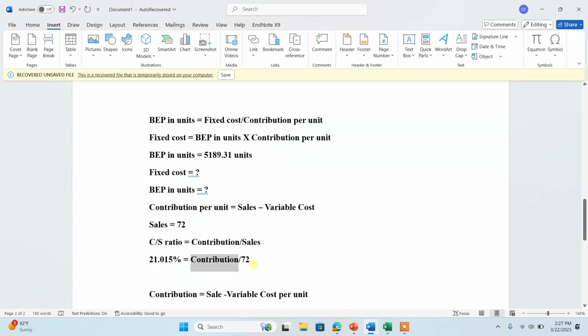So contribution is equal to 15.13 something.